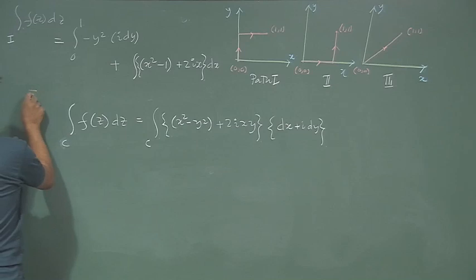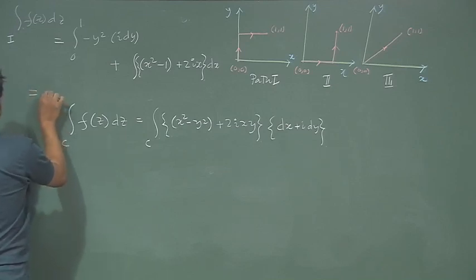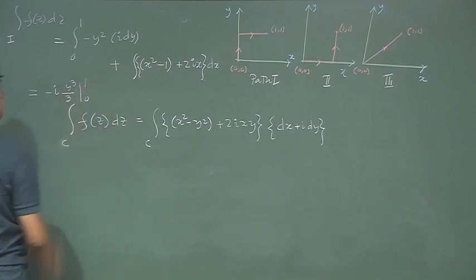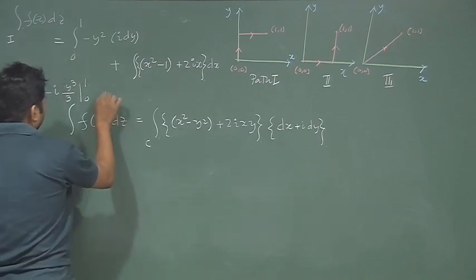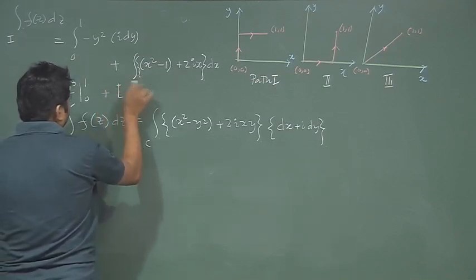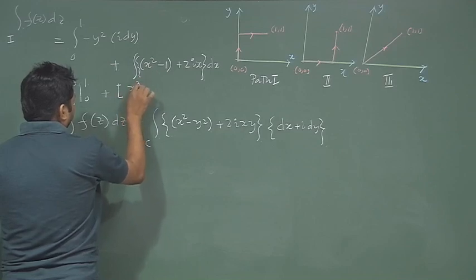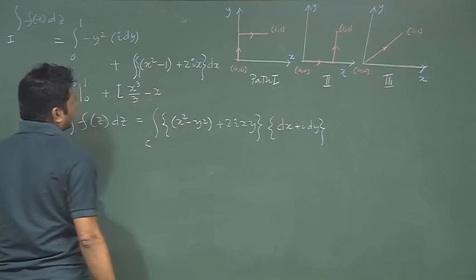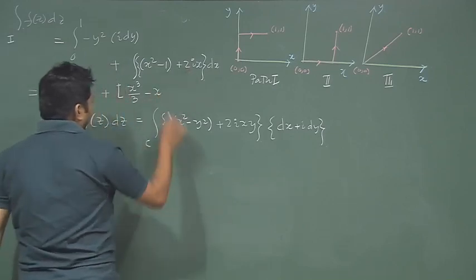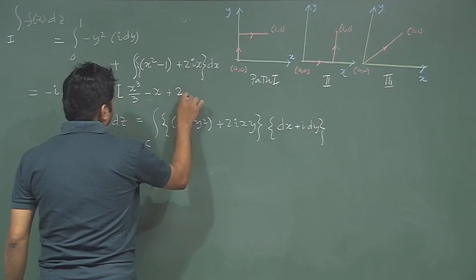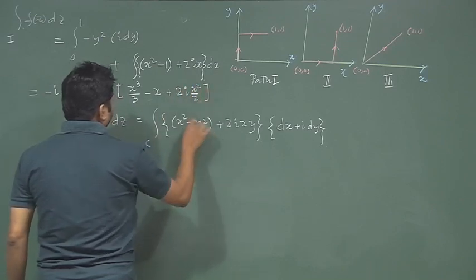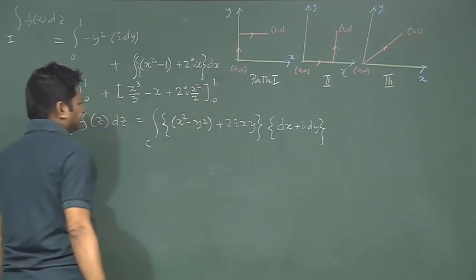So, what should be the value here? It seems to be minus I y cube divided by 3, from 0 to 1, that is the first integral value. Plus this quantity, if I integrate, it will be x cube by 3 minus x, plus 2 I x square by 2, the limit is 0 to 1.